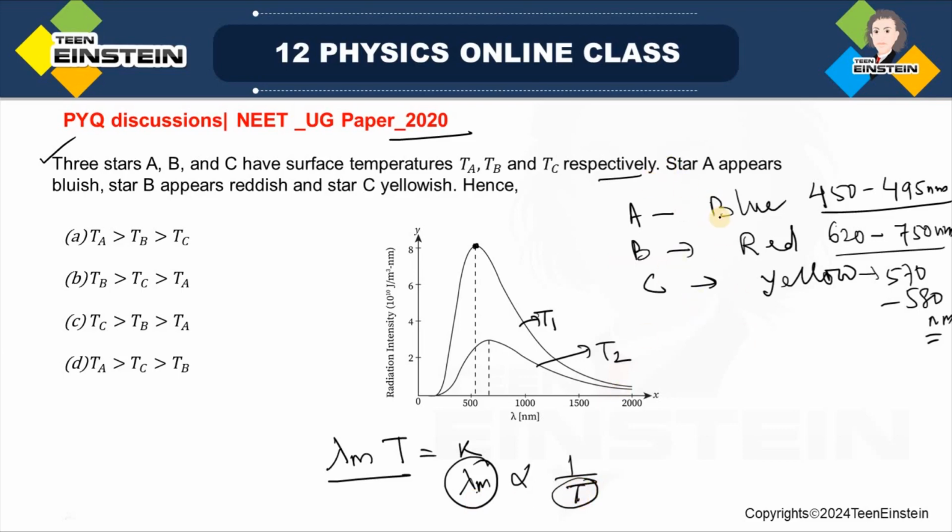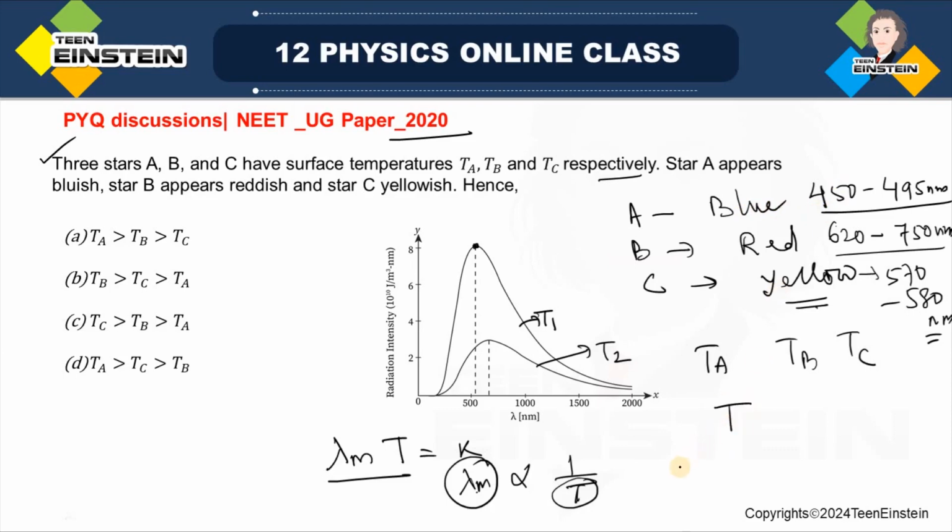So what will be the temperature sequence in this case? If I say TA, then TB, and then TC. See, TC, that is the yellow light, has the medium wavelength. So medium wavelength means temperature also will be in the medium case. The color which has the least wavelength is the blue.